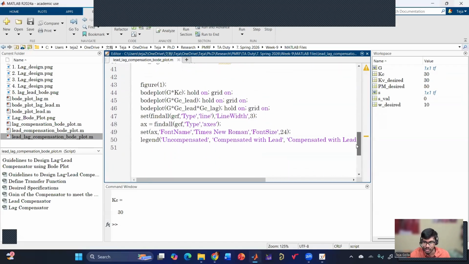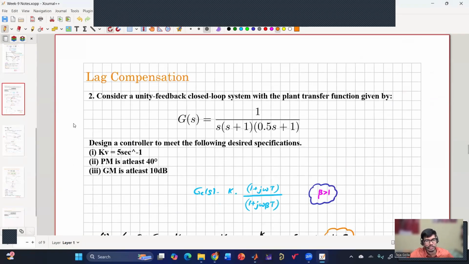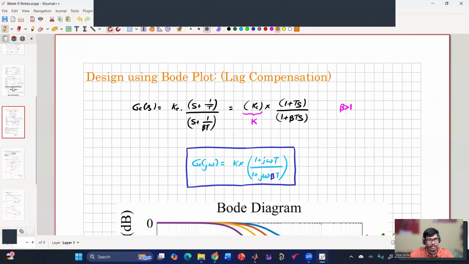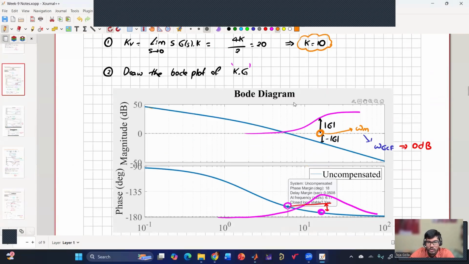But before going into the code, let us go back and see what we have done for the lag compensator. So now we'll be relying more on MATLAB and less on the math or hand calculation. So I'll start with the lead compensator. First we have to draw the Bode plot and then see my phase margin, how much additional phase boost I need.